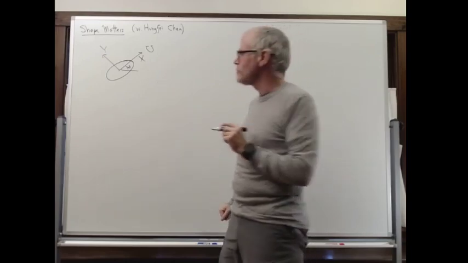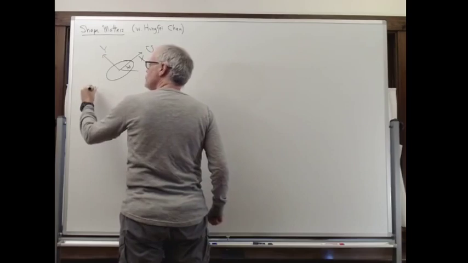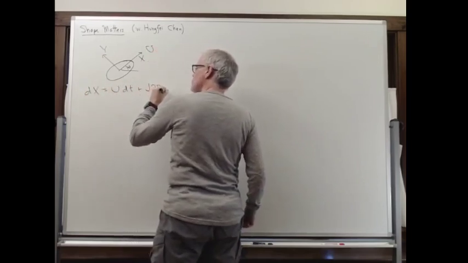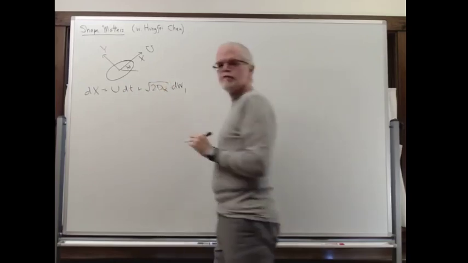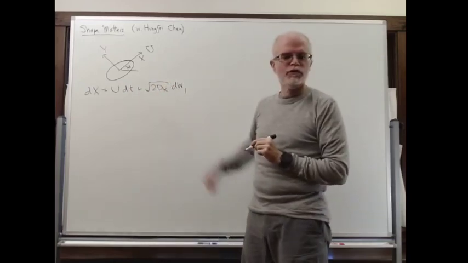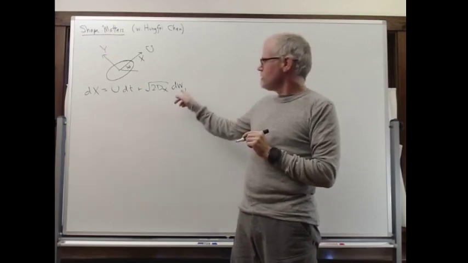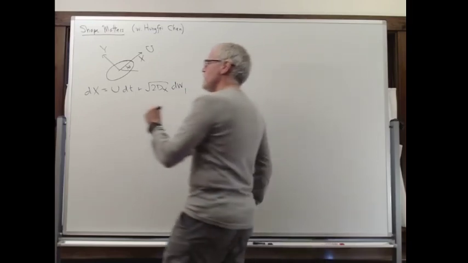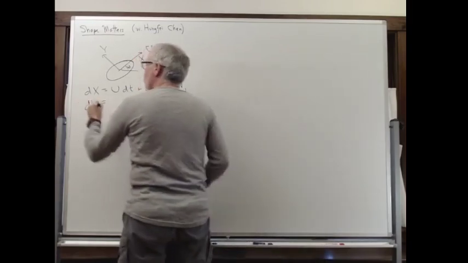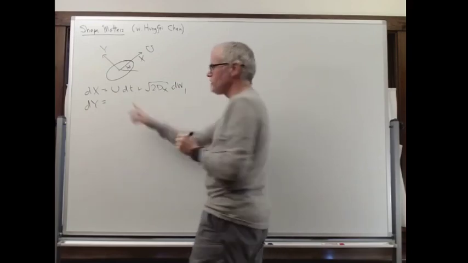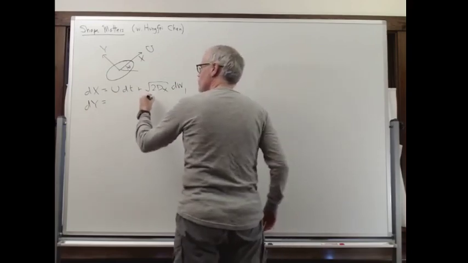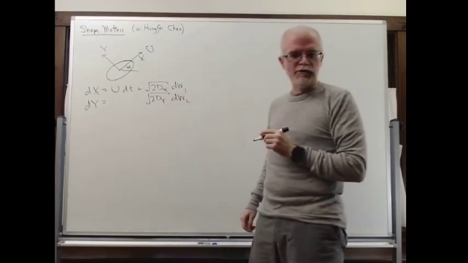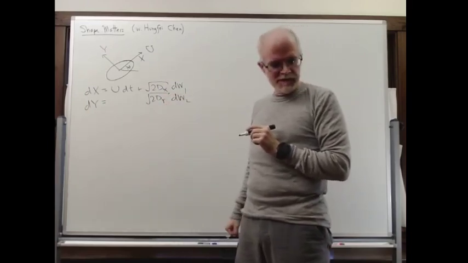The position of the swimmer satisfies a stochastic differential equation. dx is u dt plus square root 2 D_x, that's the standard normalization for diffusivity, times dW1, an increment of Brownian motion. And similarly dy, the y displacement, is the same except it doesn't have a velocity. So the y displacement only has an independent noise, with diffusivity D_y.